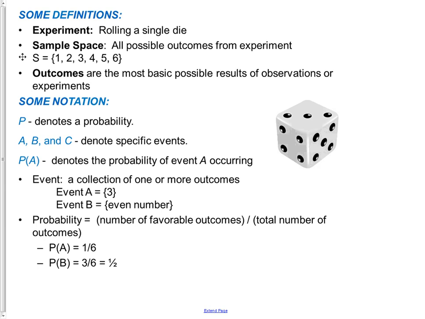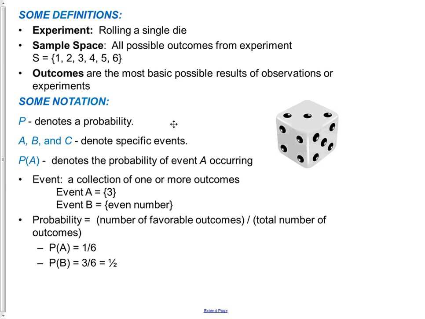For a sample space, we think about all of the possible outcomes from an experiment. So in our example of a single die, the sample space would be the 1, 2, 3, 4, 5, and 6 that we would get from rolling the die. Of course, outcomes are the most basic possible results or observations from an experiment.